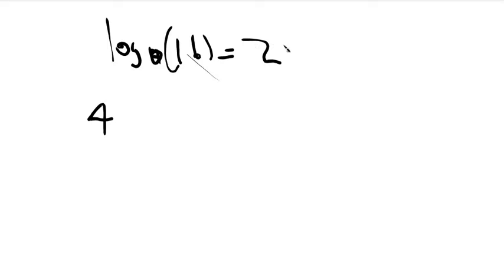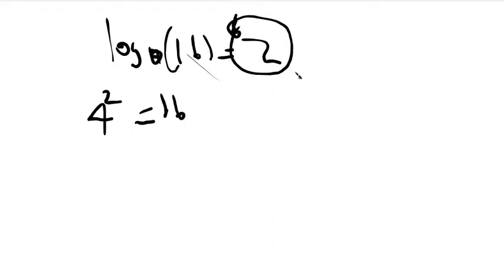If we didn't have the 2, we could have just used our profound thinking to find it out, or done the square root of 16 or something like that. But when we have the result here, we plug that into the 4, so it'll be 4 squared is equal to 16. Easy, right?